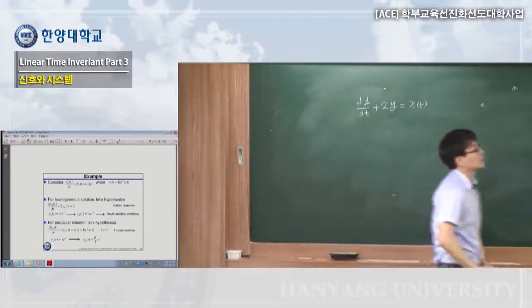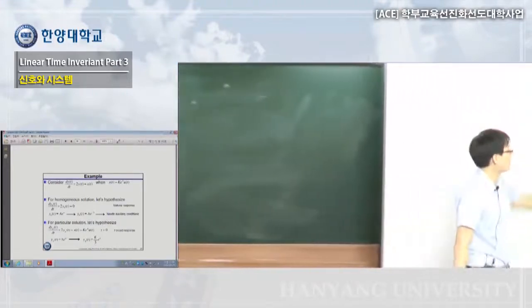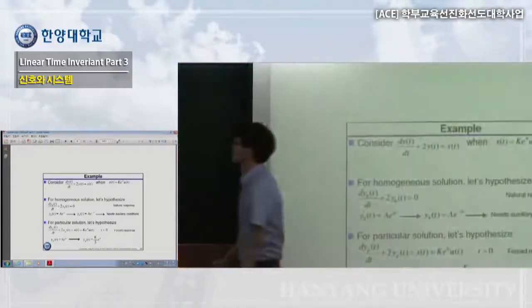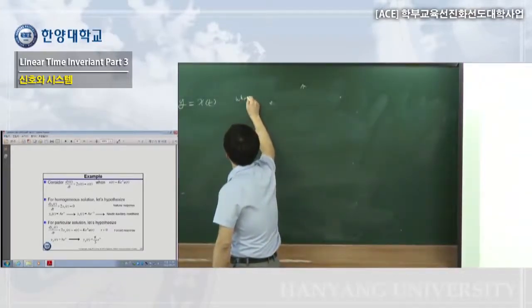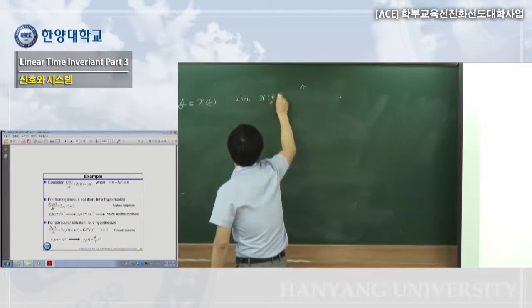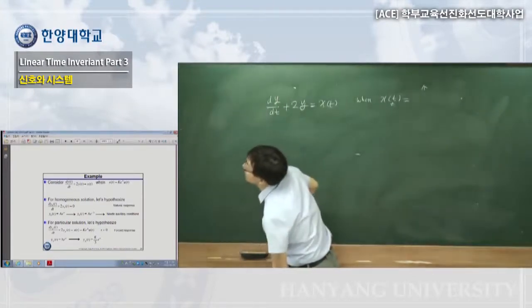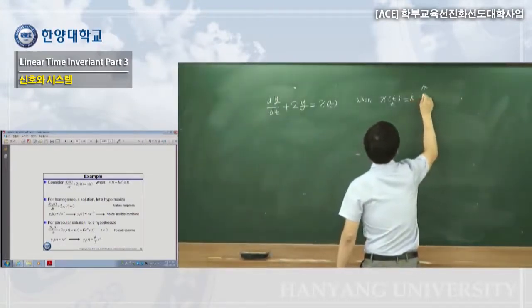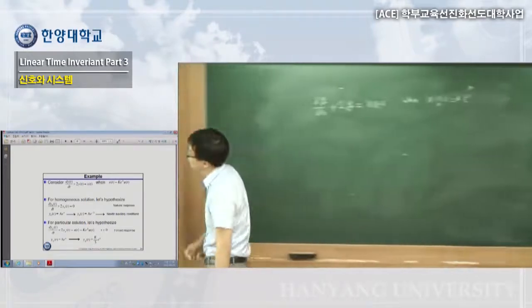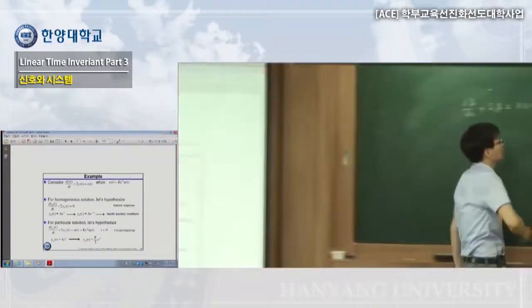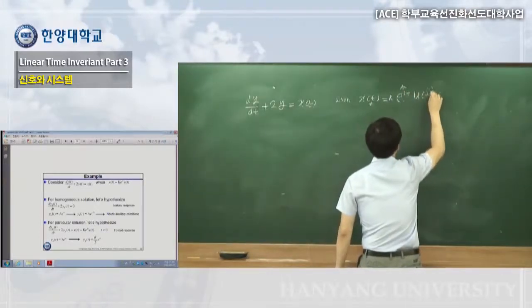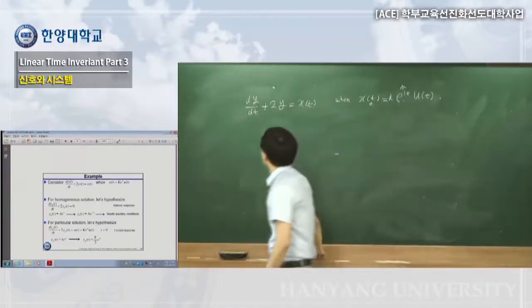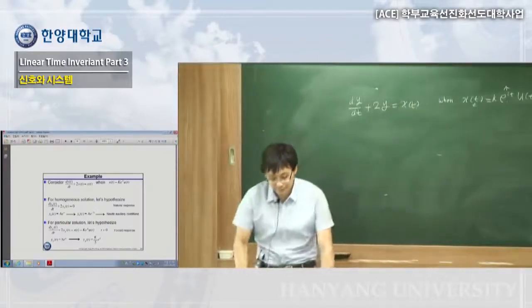What is the output when this is the input, when x(t) equals k times e to the 3t? What is the output? That's the question.